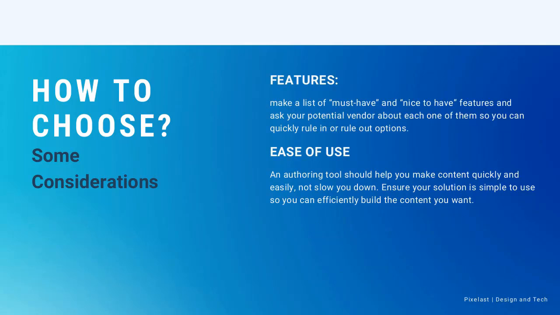You also want to look at what your must-have features are. We just went through that list of 10. Thinking back on those features, you really want to think about what your must-haves are versus your nice-to-haves. If you must have content authoring and assessments and the ability to publish in a certain format, those are your must-haves. So whatever tool you're looking for has to have that on its features list.